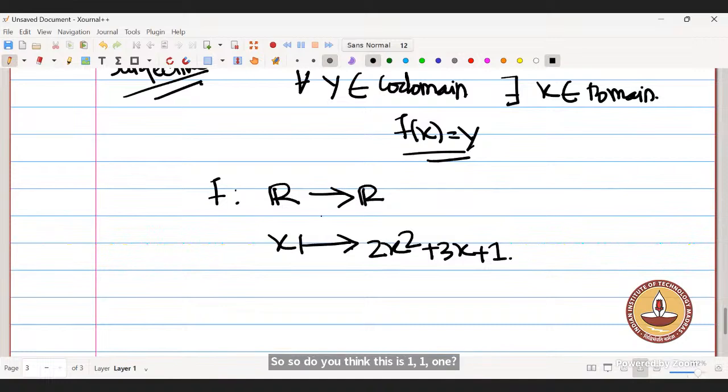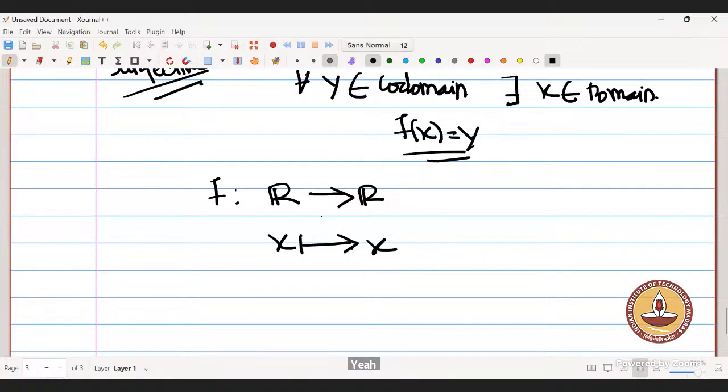No, sir. Why? This is a polynomial function. Yeah. So again, if I replace this by x, this is also a polynomial function, right? Sorry, that was a quadratic function. Not one-one, because of that x square term, it will not be one-one.